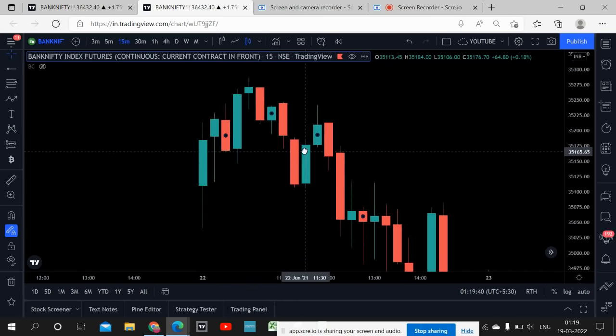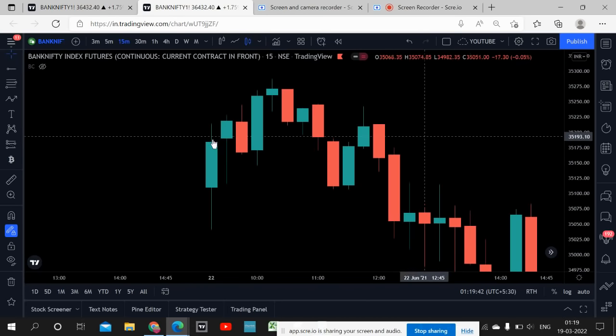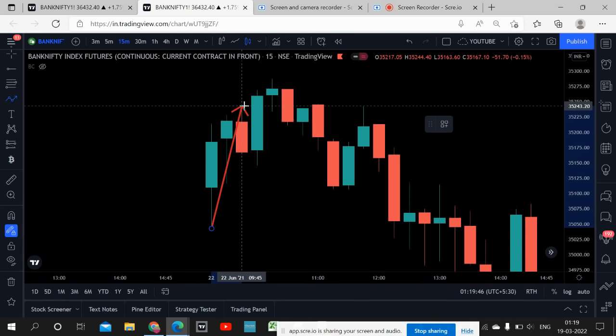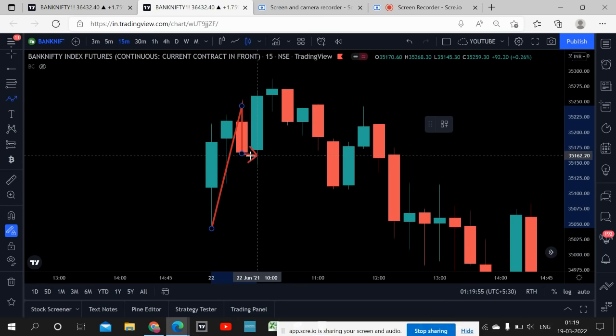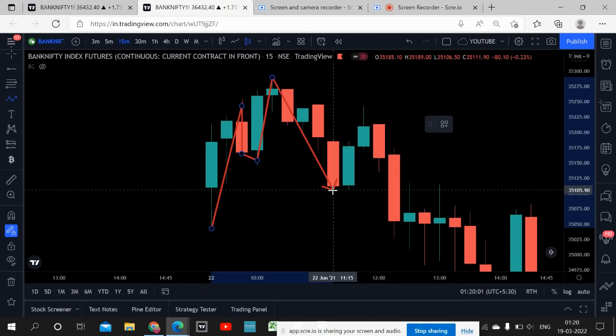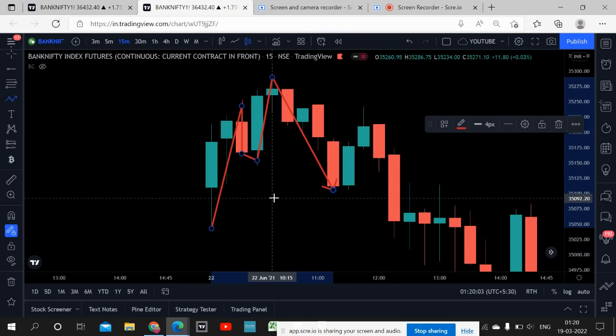There are many wonderful setups which I can see here. I consider this because of the red candle closing. Either you can take this one or else this one. But the red candle closing is the ideal one. So this candle broke this high.